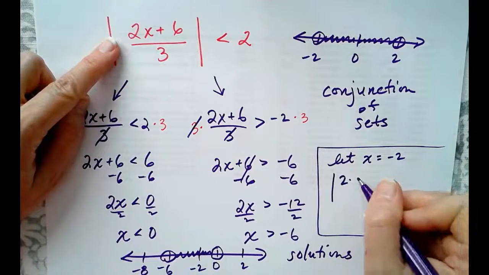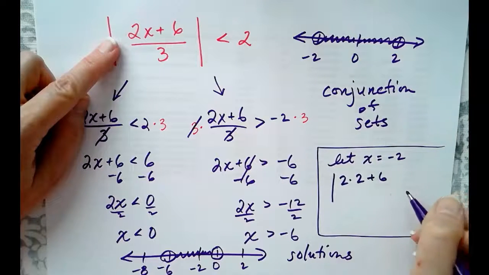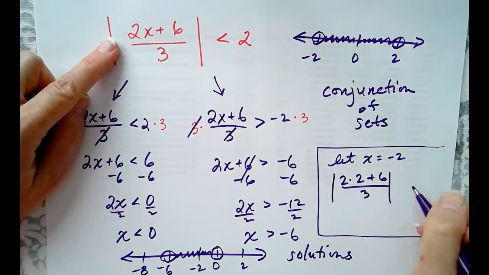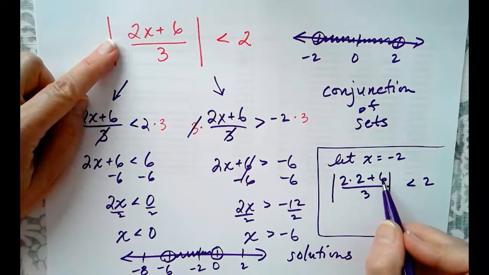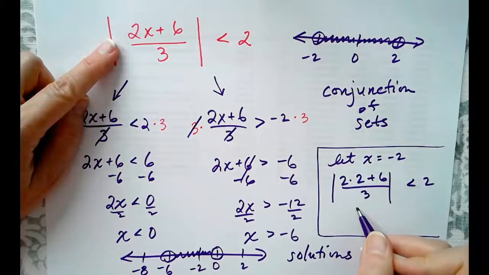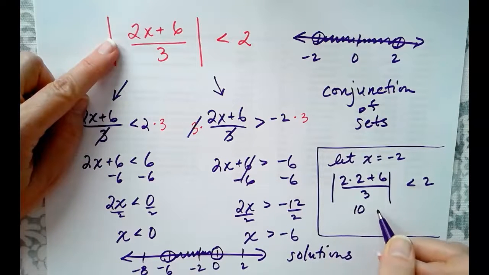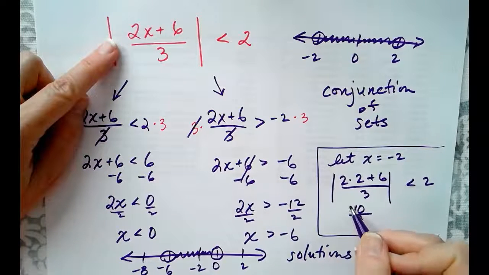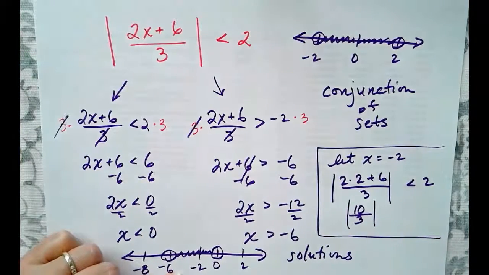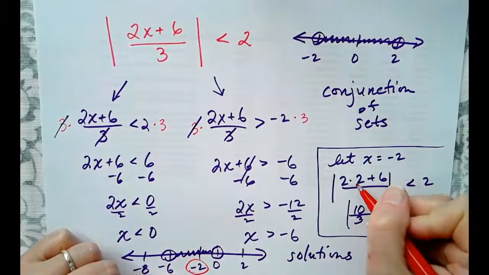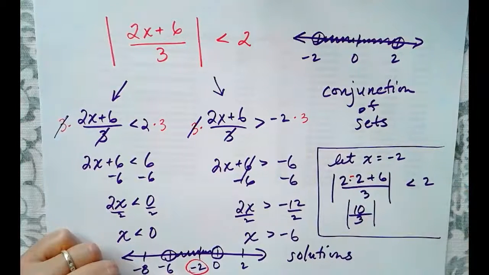So the absolute value of 2 times 2 plus 6 over 3, is this less than 2? So let's see, that's 4 plus 6, which is 10. And 10 divided by 3, oh, negative 2. Negative 2, Hendry, so it should be a negative 2 right there.